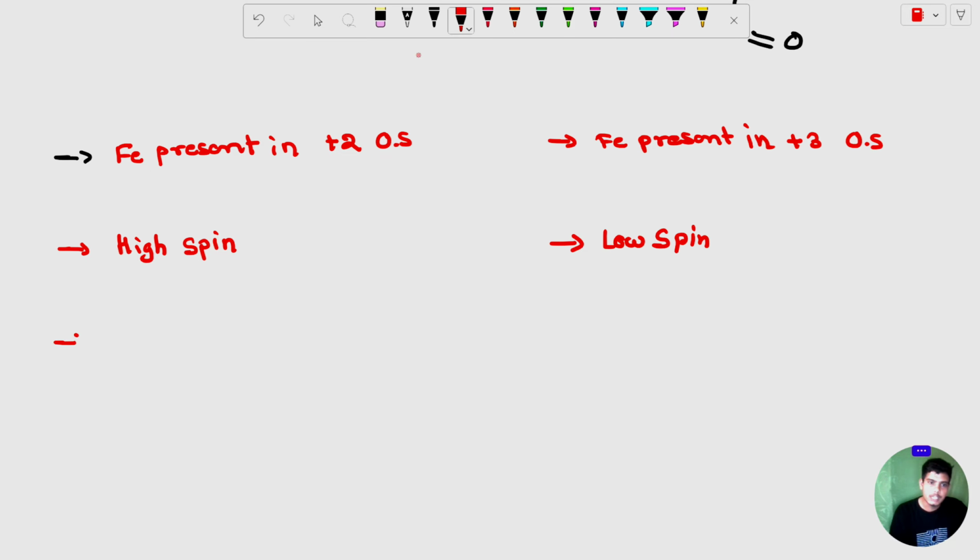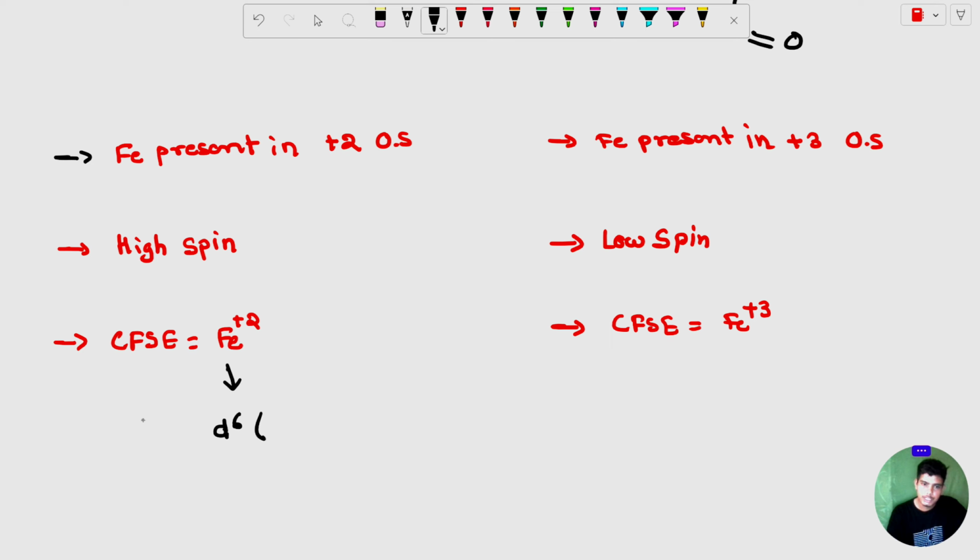Now we are first calculating the CFSE value of Fe2+, and the CFSE value of Fe3+. You can see Fe2+ is showing the d6 configuration in high spin.